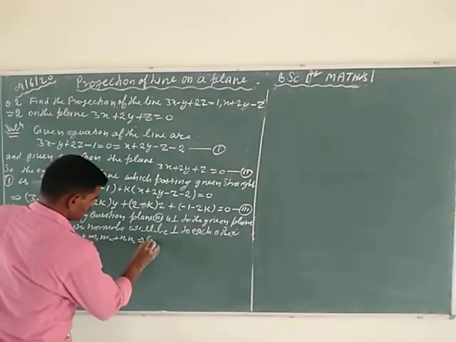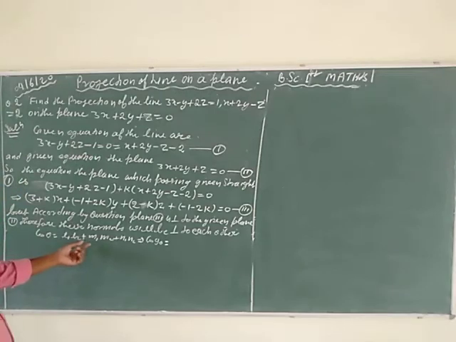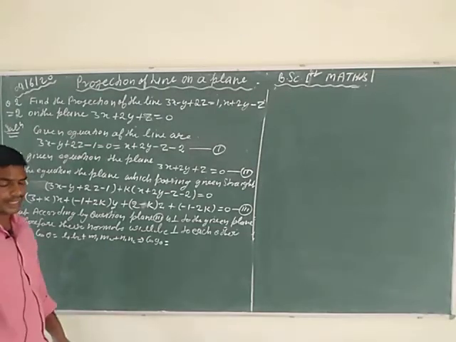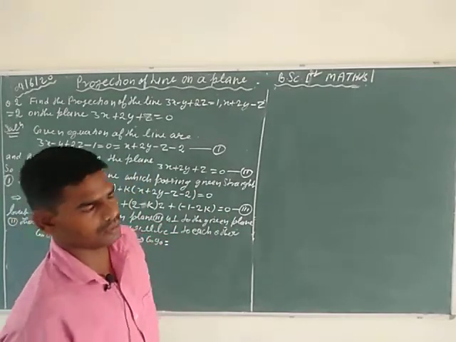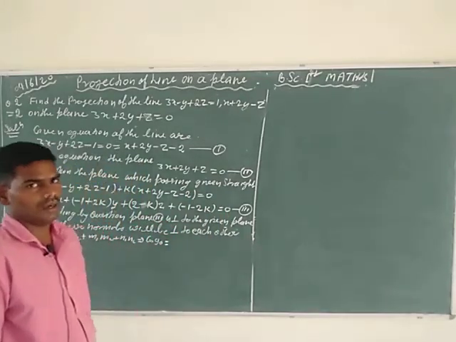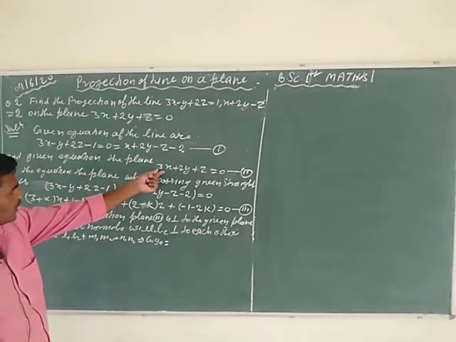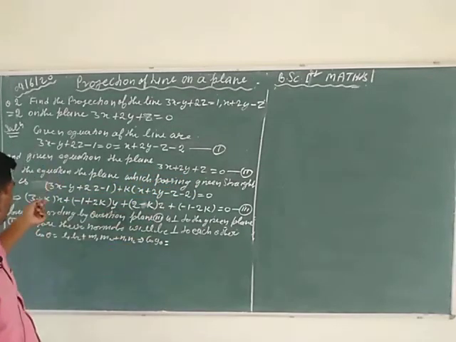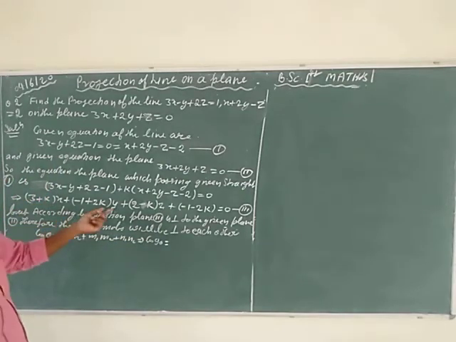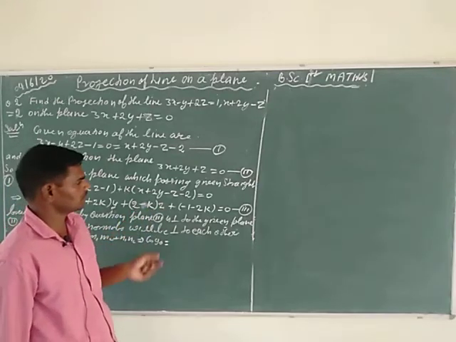So cos 90 is equal to L1 L2 plus M1 M2 plus N1 N2, which are direction cosines, but here only direction ratios, meaning proportional values, are present, so we put the corresponding small a, b, c. So here a1, b1, c1, and the coefficient of x is a2, of y is b2, of z is c2.